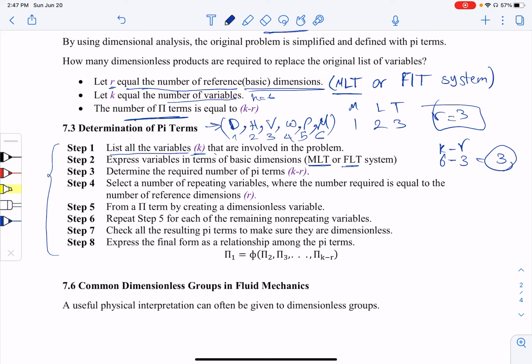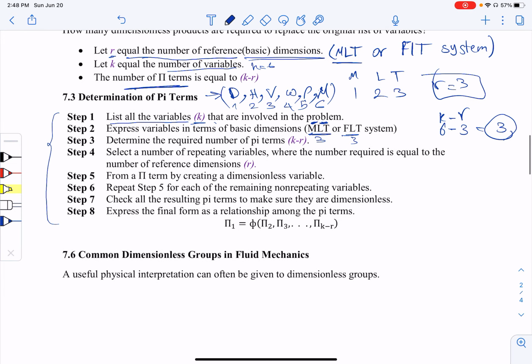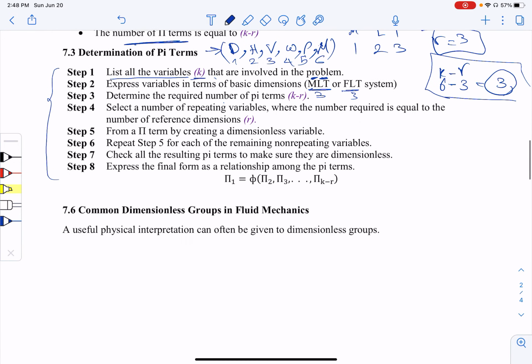Either of them has just three. For example, this has mass, length, and time, right? So these are three, and the next step is to determine the required number of pi terms. That's what I did right here by considering the K and R values.